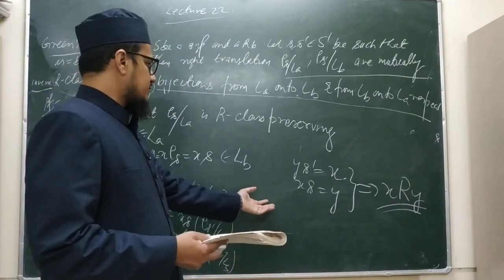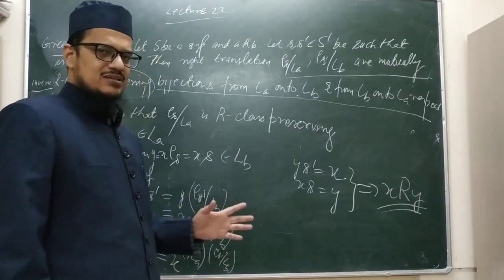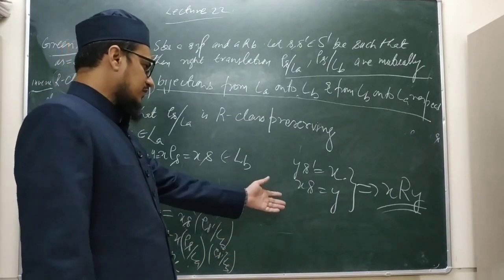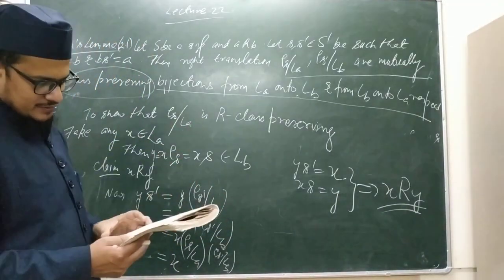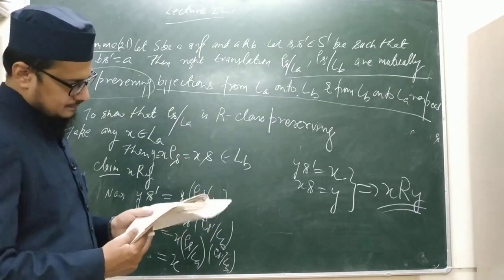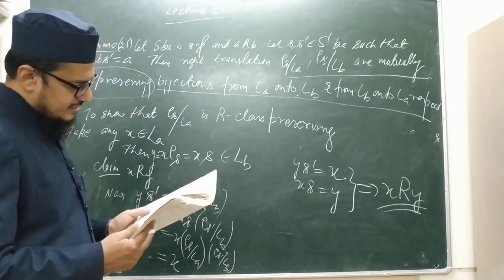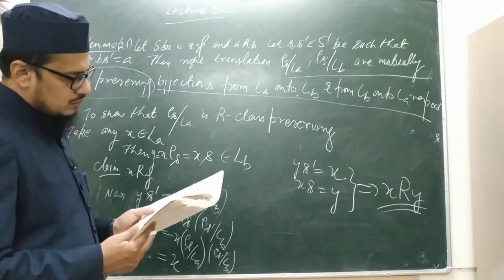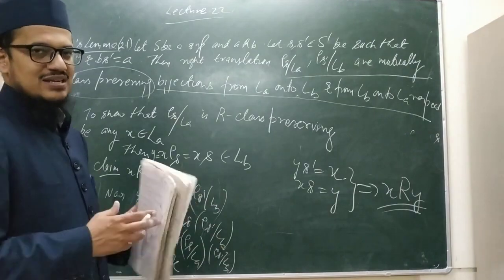So write by yourself. Similarly, because time is less, we have to be fast. So write by yourself that similarly we can prove rho s dash by LB is R class preserving. Now I write the statement of dual of Green's lemma, dual statement of Green's lemma, and left as an assignment for all of you.